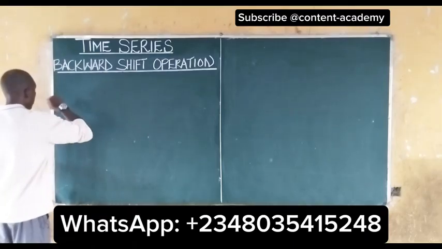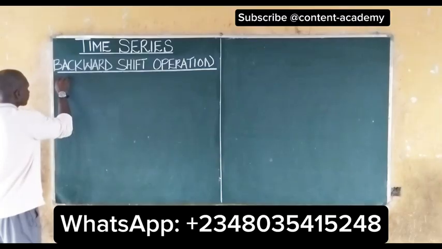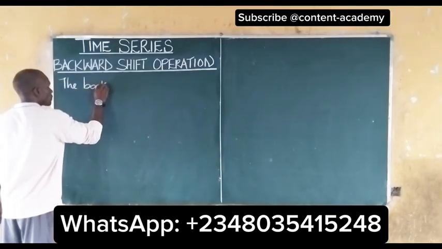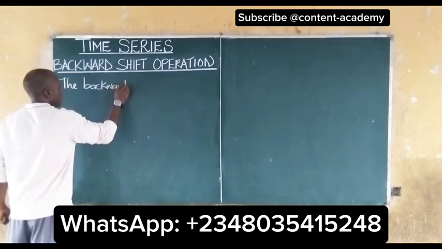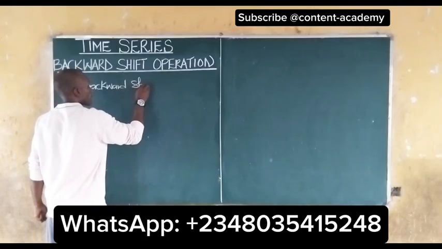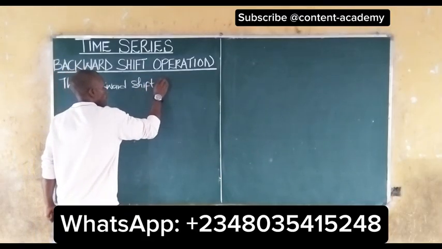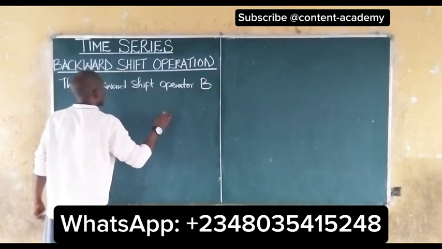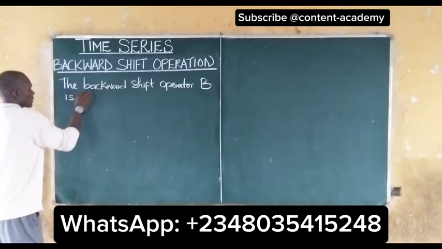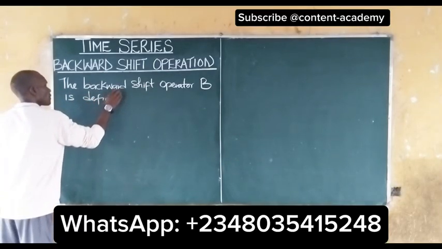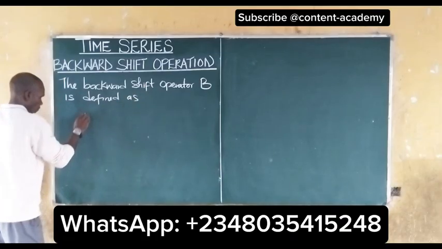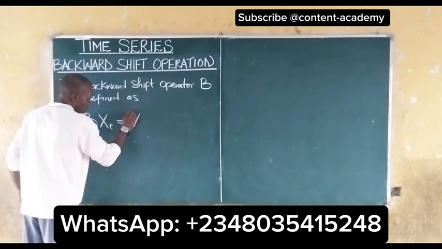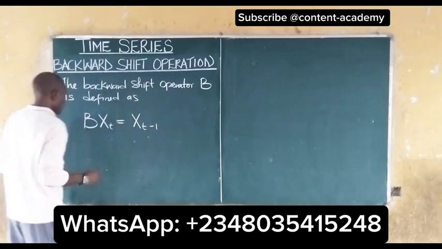The backward shift operator B is defined as B X_t equal to X_{t-1}.